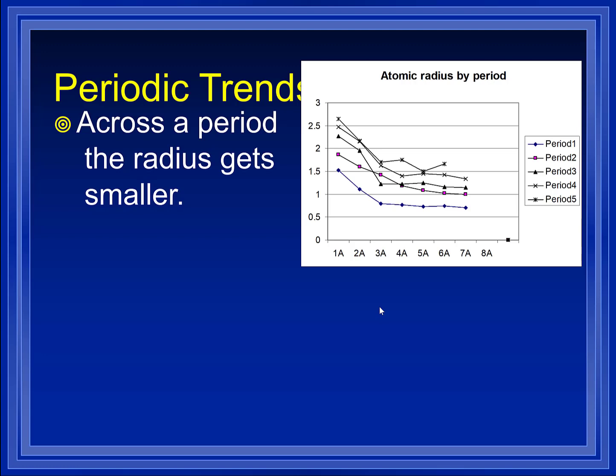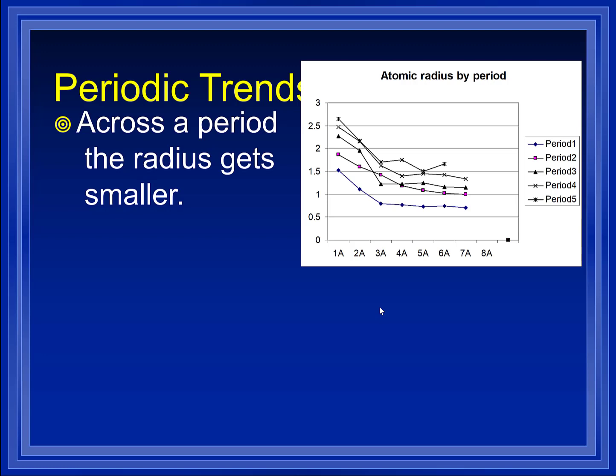So notice what this is saying: that lithium with 3 electrons is bigger than neon with 10 electrons. You'd expect lithium with 3, neon with 10, neon's got to be bigger. No, look at this graph. Period 1, 1.5 down to about half the size.